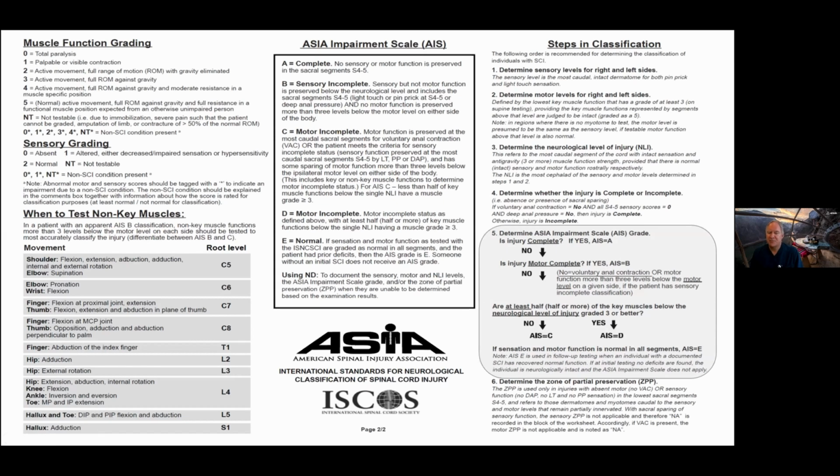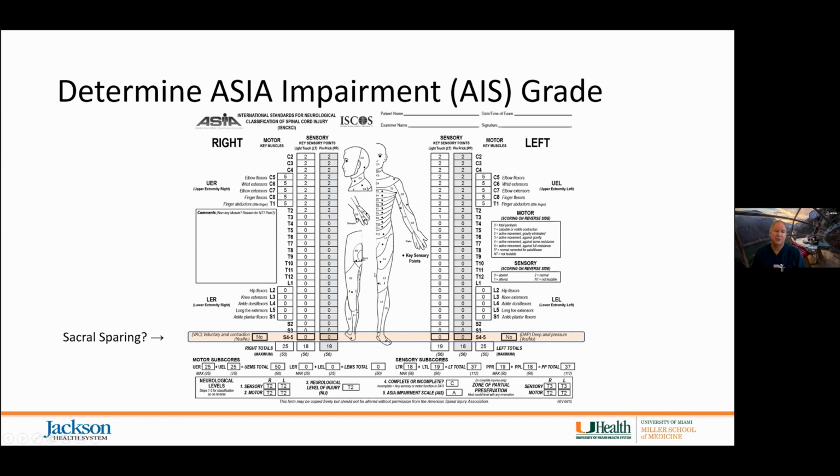For an ASIA Impairment Scale D, the majority of muscle groups below the level of the injury need to be anti-gravity or more. And then if you have ND, this is when it's not determined, so that you don't know, and that's because of incomplete scoring for one or more reasons as we go through this.